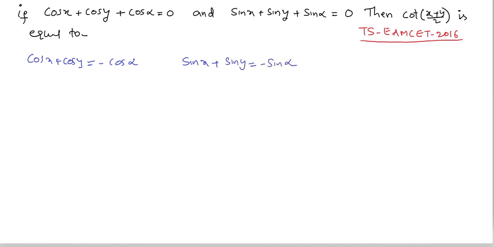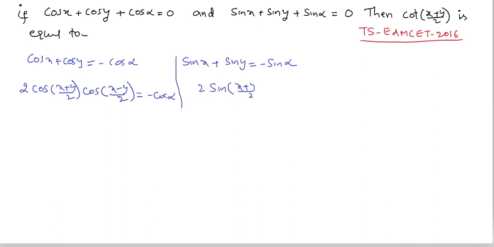So applying cos C plus cos D, that is 2 cos of (x plus y) by 2 into cos of (x minus y) by 2 is equal to minus cos alpha. Applying sin C plus sin D, that is 2 sin of (x plus y) by 2 into cos of (x minus y) by 2 equal to minus sin alpha.